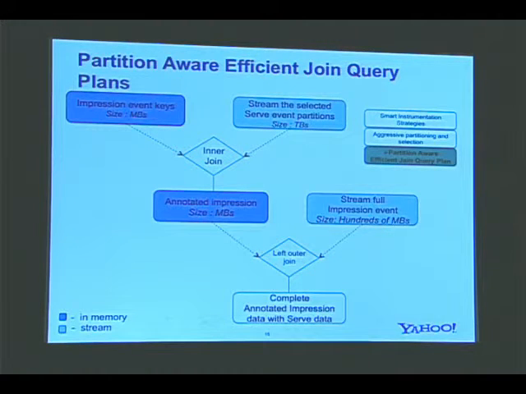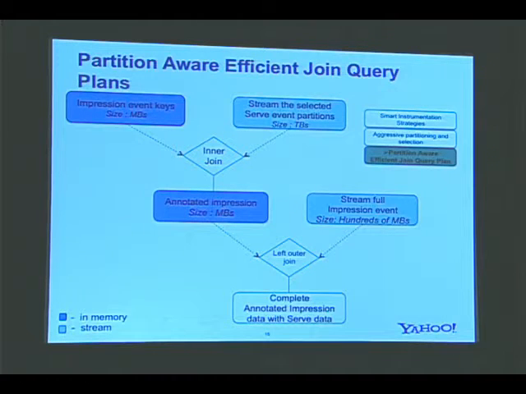Now we load the annotated impression again in memory. The number of records in the darker boxes here is always small because it's representing the smaller data set, and that fits into your memory. And the larger, the lighter color, those are the larger data sets. The first time we are streaming the serve partitioned events, and in the second phase we are streaming the impression event.